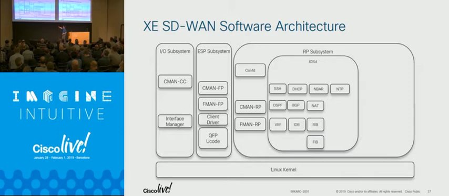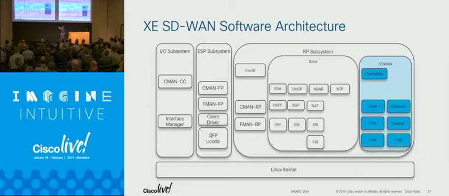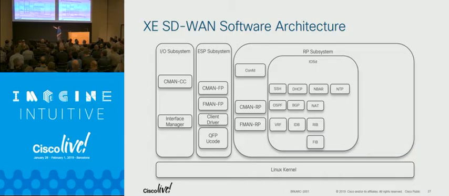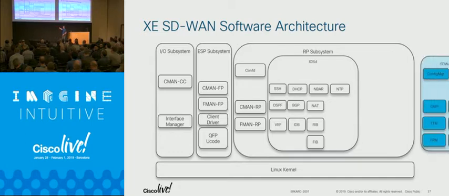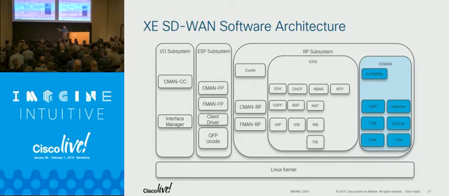We're running the IOS process with the SD-WAN software stack side by side, natively on top of the Linux kernel, okay? So everything here is the same IOS architecture we talked about, the RP, ESP, I/O subsystems. Now we're adding the SD-WAN software stack natively on the Linux kernel, running side by side with IOS.